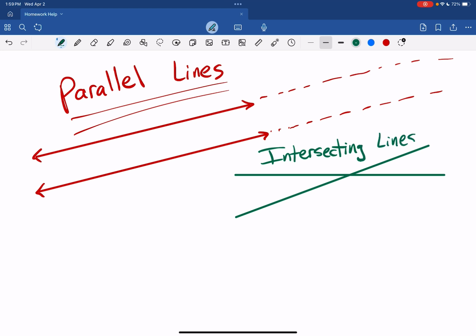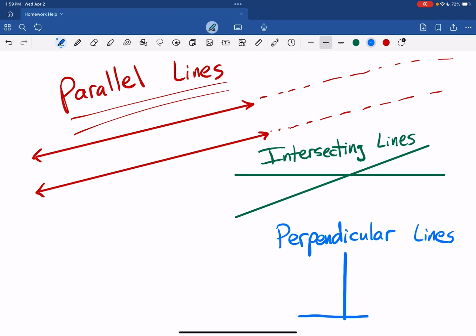And then there's a very special kind of intersecting lines that we call perpendicular lines. And perpendicular lines are intersecting lines that form right angles.